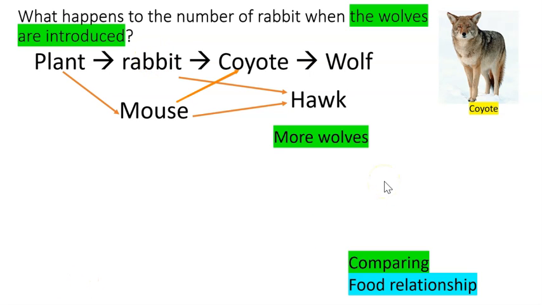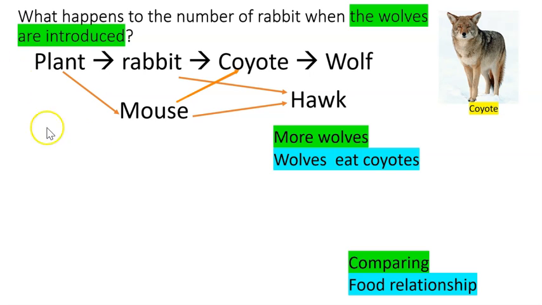Now, we will describe the food relationship between the wolf and the coyote. From the food web, the wolf eats the coyote. Since the wolf eats the coyote, there will now be fewer coyotes. Next, we will describe the relationship between the rabbit and the coyote.